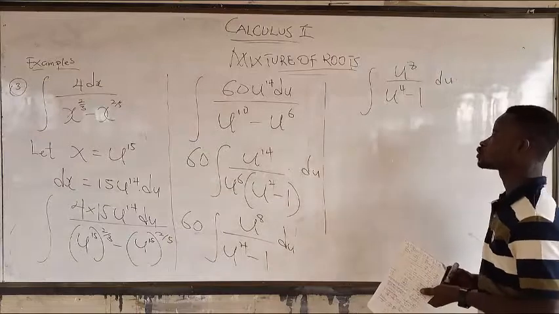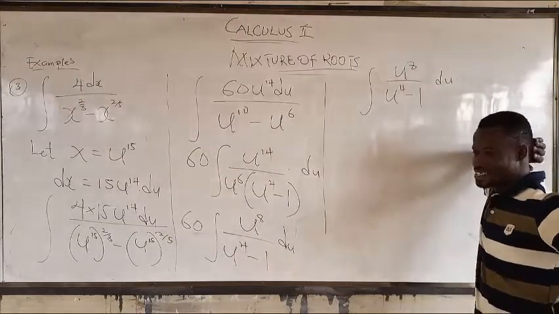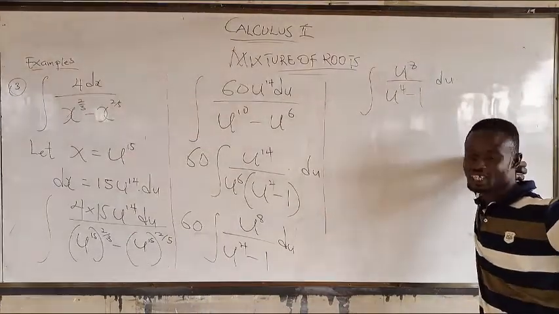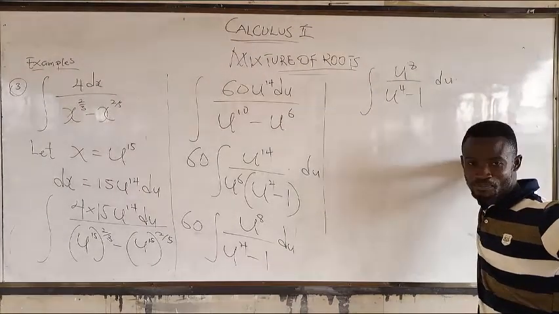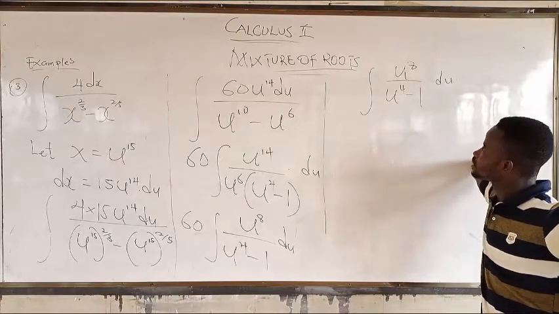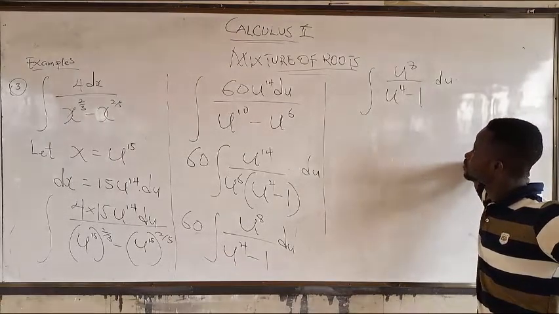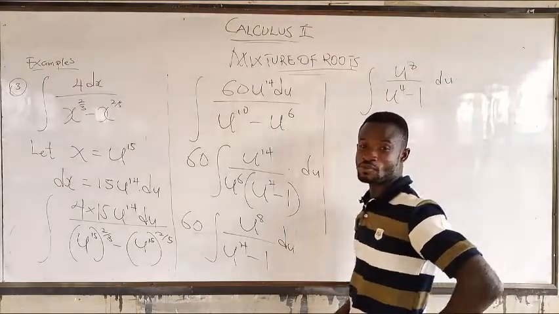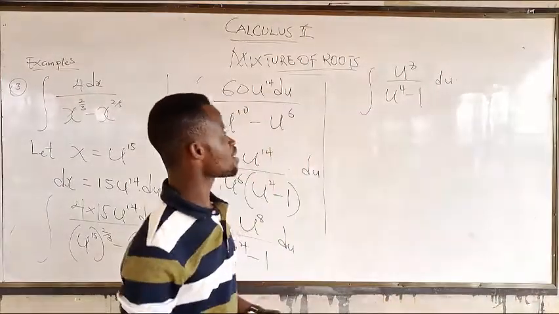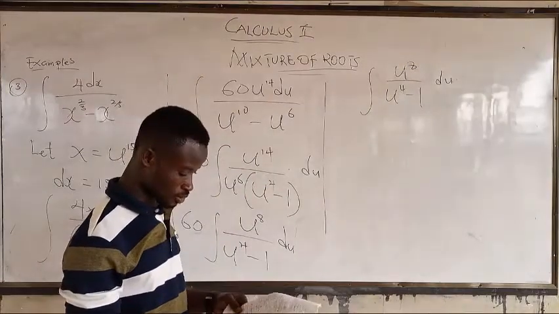What technique is going to help you to solve this? What technique do you think is going to help us do this? Sure, you are thinking of improper. Yeah, improper can help us to do that.